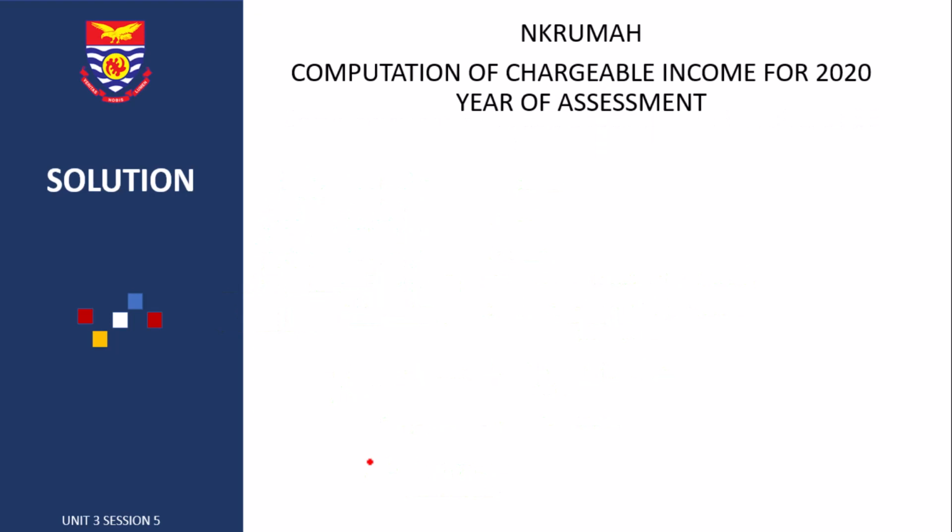Now let us look at the computation of chargeable income for the year of assessment for Nkrumah. So we'll start with the basic salary we computed. So we have basic salary, 2 over 12 times 57,000 plus 10 over 12 times 60,000, and this is giving us 59,500.